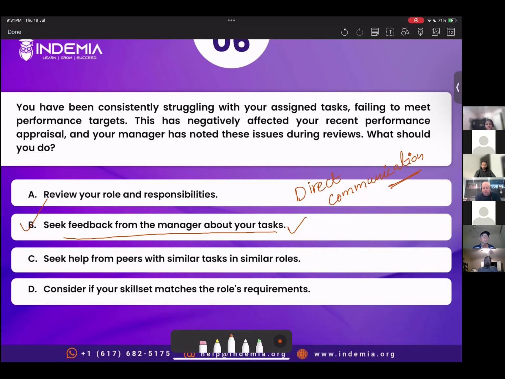If it's in performance appraisal, you would have definitely had a conversation with the manager, and the manager would have given all the points regarding performance and everything. So that's why I didn't pick option B, because it clearly says that they had a performance appraisal. Without communicating, there's no performance appraisal, right? The manager has to tell him this is the problem area, this is how you have to do all that.